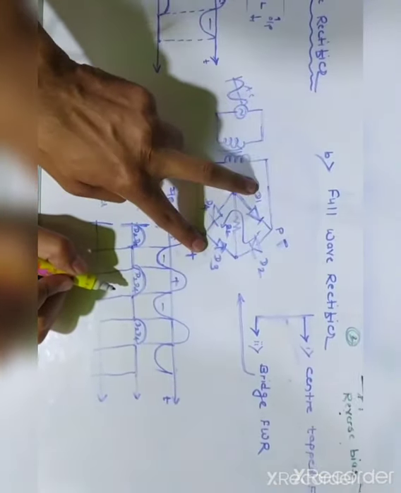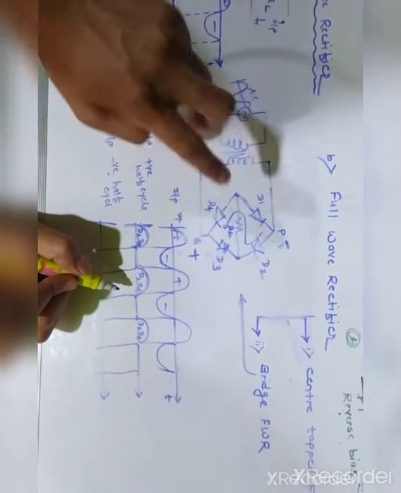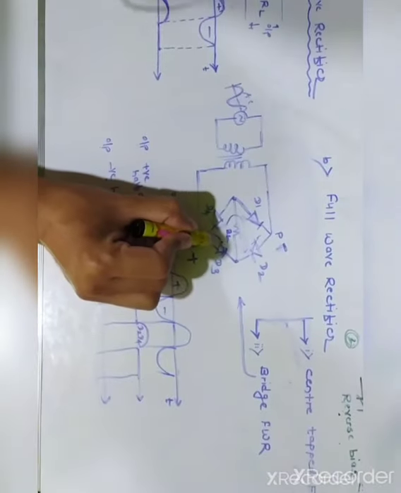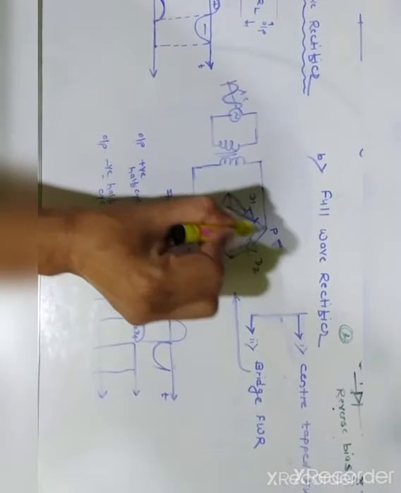As these two are in forward bias condition, they conduct and current flows through the load resistance RL and towards the diode D2.